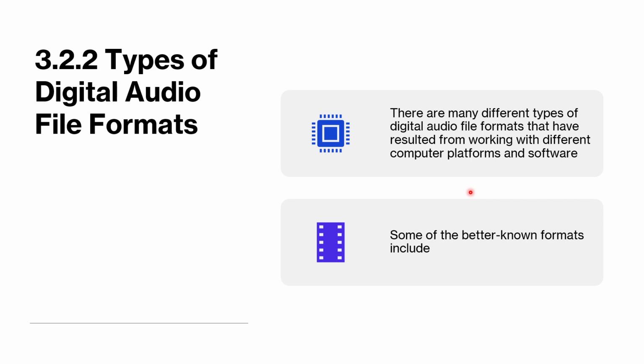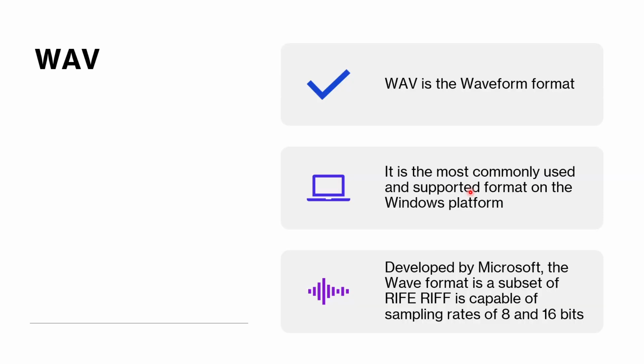The first one we're going to talk about is the WAV file. That is a type of digital audio file, and these are some of the things that you should know about it. It's a waveform format, and is the most commonly used and supported format on the Windows platform. This format comes with your Windows operating system.